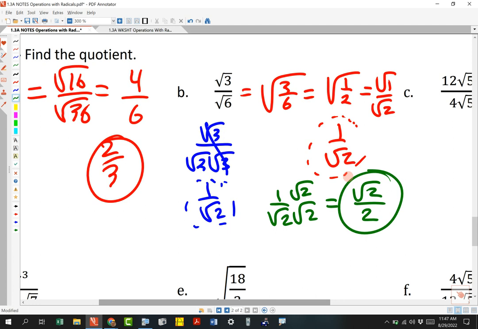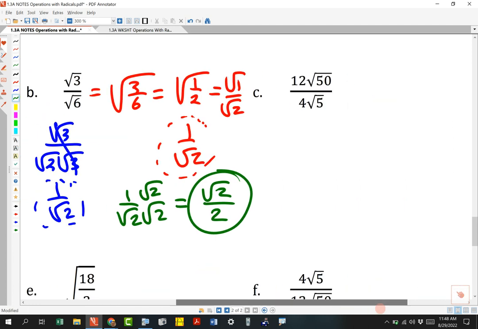You're multiplying it by a funny looking 1. I'll take that. And how many 2's do we need underneath there? 2. So we're giving it enough to make a pair or a triple or whatever it happens to be. Can I cancel these? Can I cancel that 2 with that 2? No, because when it's underneath the radical, it is not a 2. It's a really ugly number. It's about 1.414 or something like that. So let's take a look at the next one.